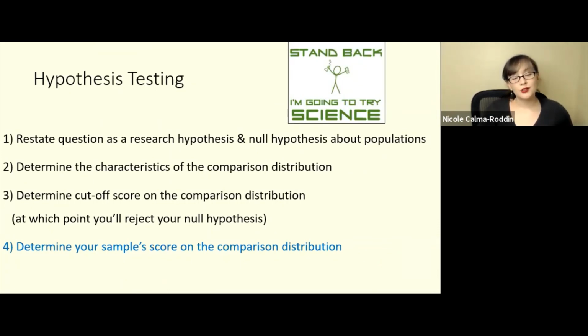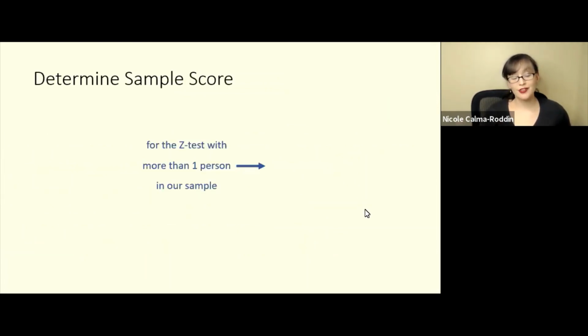So next we're going to determine our sample score on the comparison distribution. For this step, we're going to have a new formula, because we have a new comparison distribution. Although we're going to see that it's really very similar to the last one, because it's built off of the same z-score formula that the hypothesis testing formula is built off of.